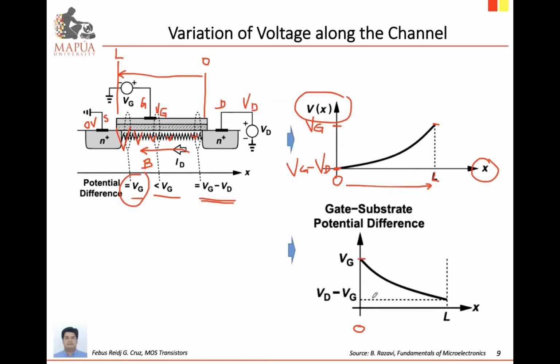And as we travel through the channel length, on this portion, if you get the voltage drop in terms of gate and bulk, it would be gate voltage minus the voltage drop.